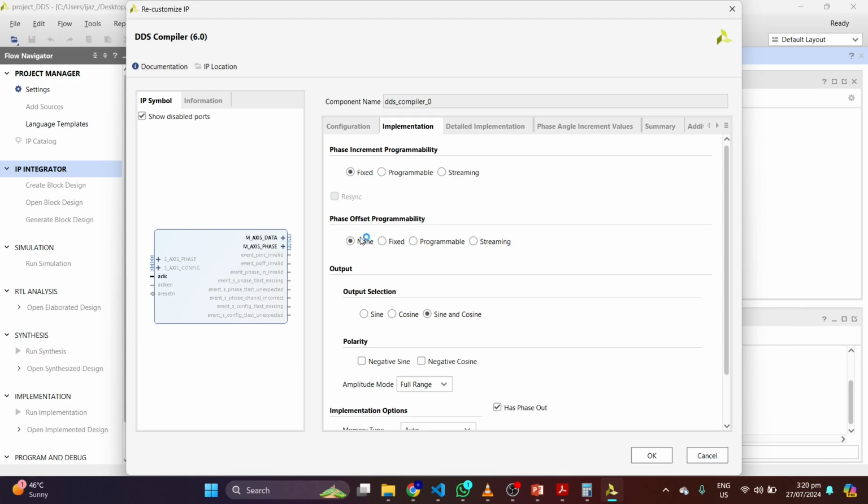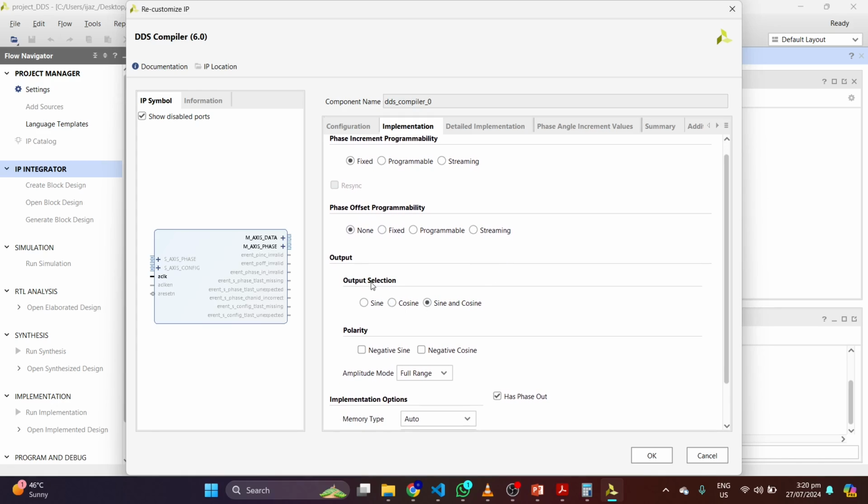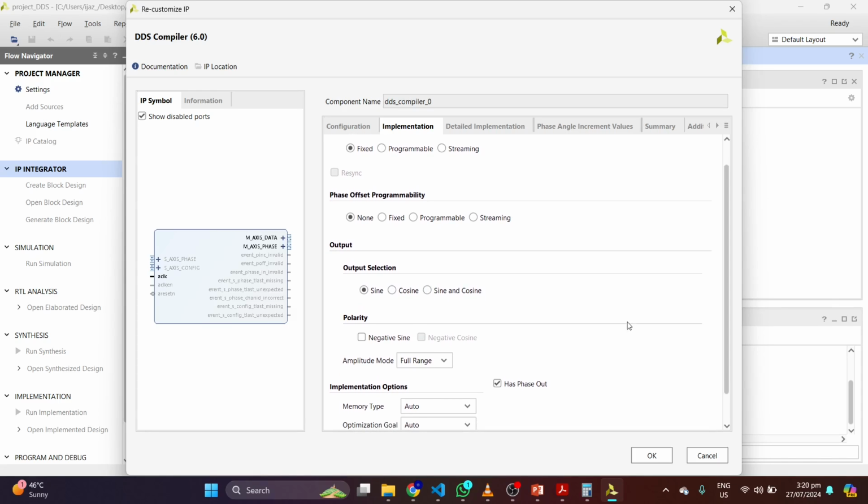The phase offset I will keep null. By default it will generate the output of both sine and cos, so I will keep it just for the sine signal.